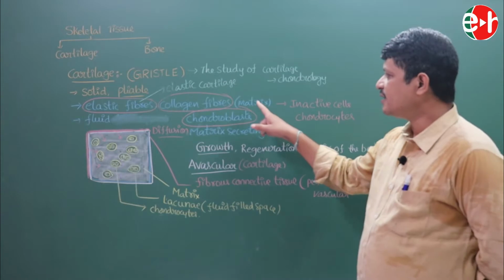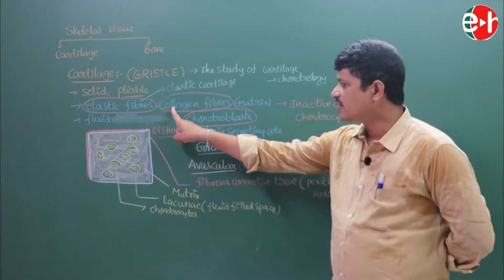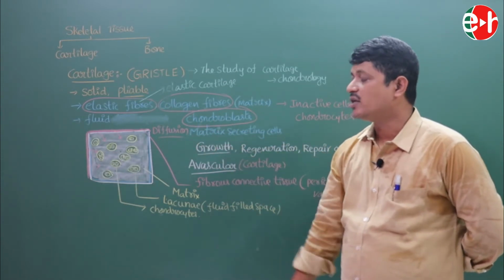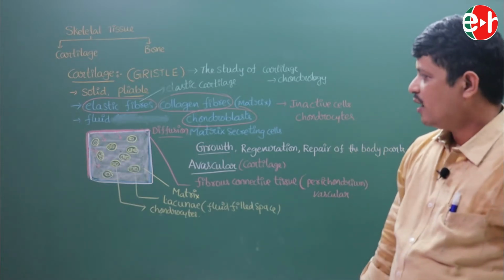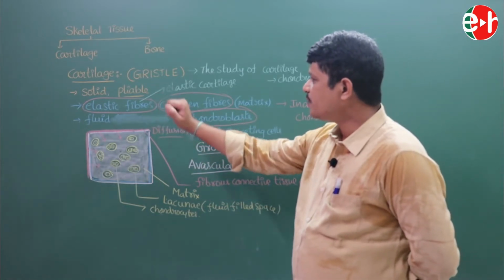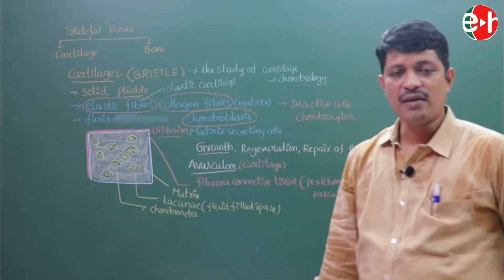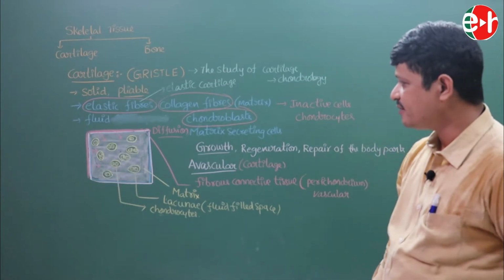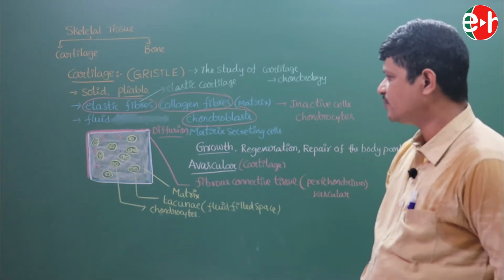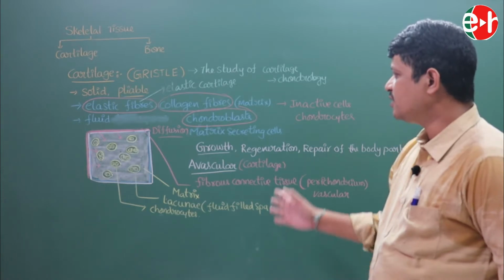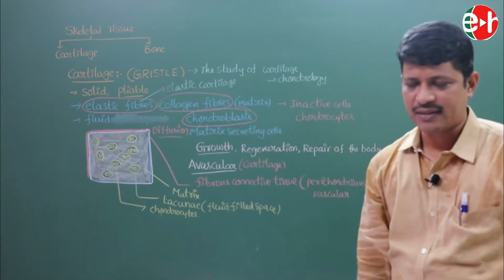The matrix contains elastic fibers, collagen fibers and chondroblasts. Elastic fibers are present only in elastic cartilage, whereas collagen fibers are present in every part.